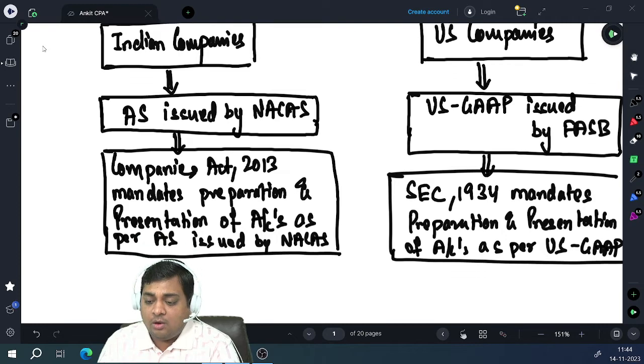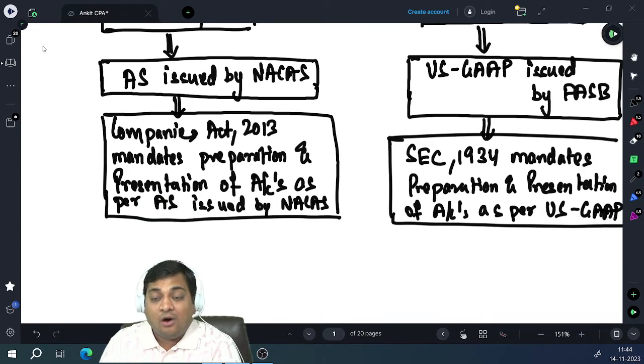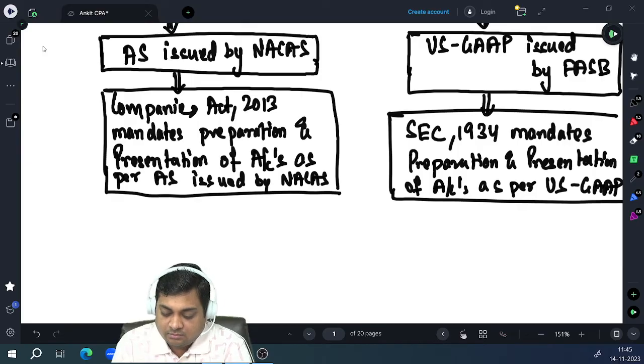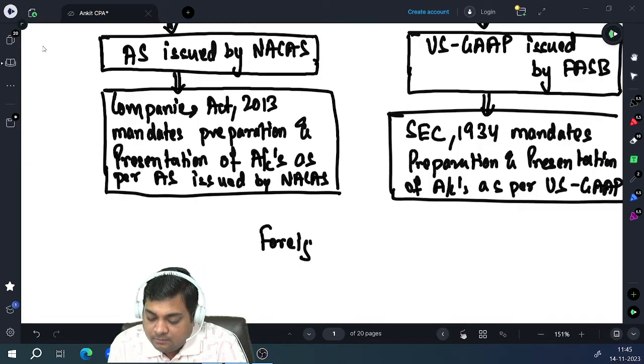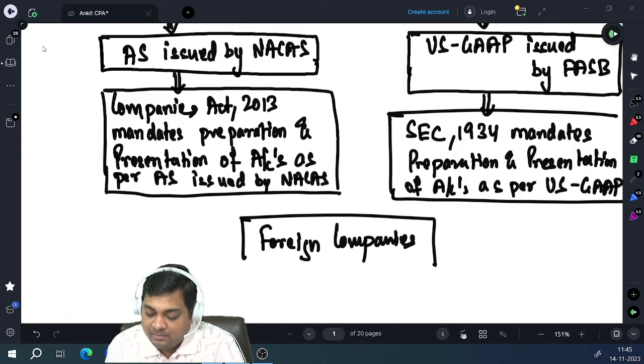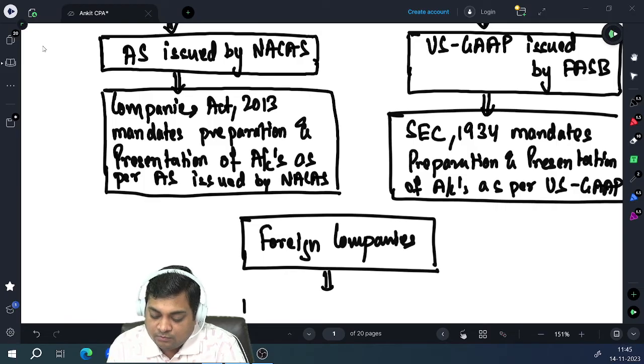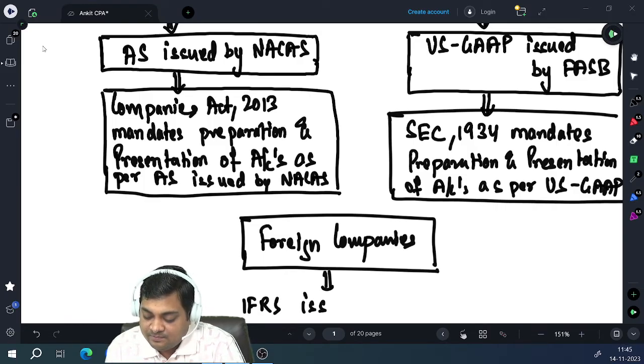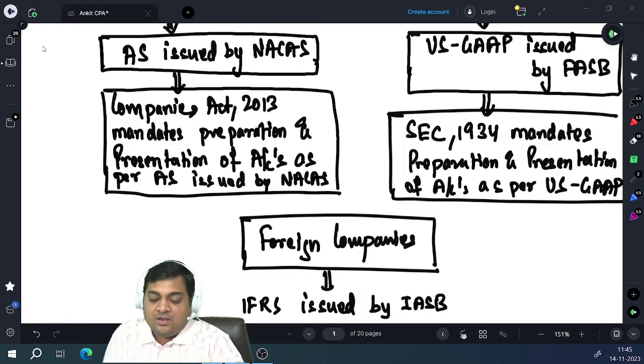Similarly, if I talk about other foreign companies, they follow IFRS, International Financial Reporting Standards, and these accounting standards are issued by the International Accounting Standards Board, IASB.